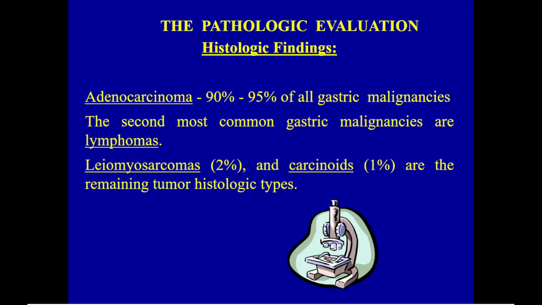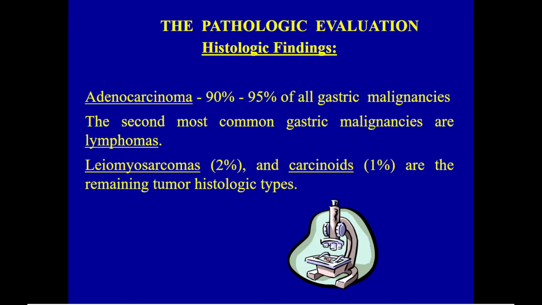Histological findings. Adenocarcinoma accounts for 90 to 95% of all gastric malignancies.